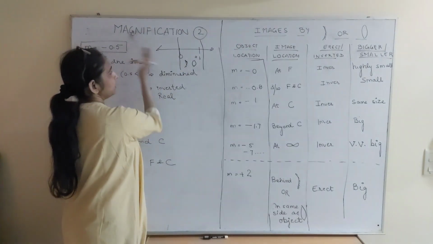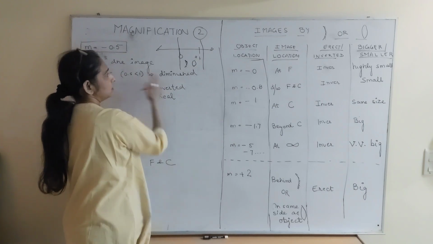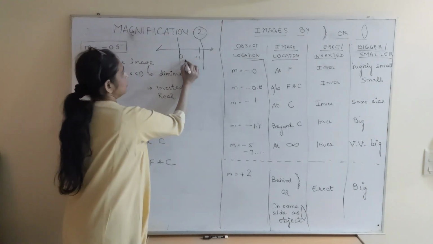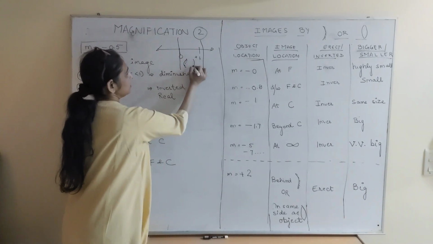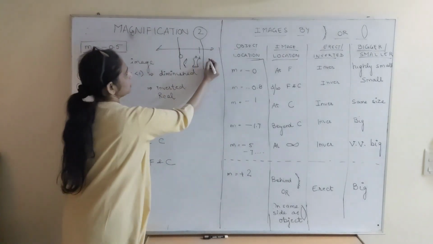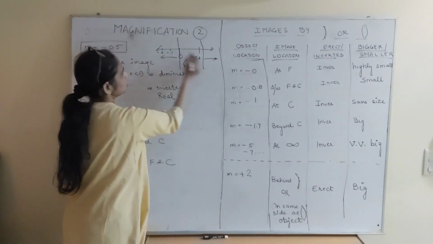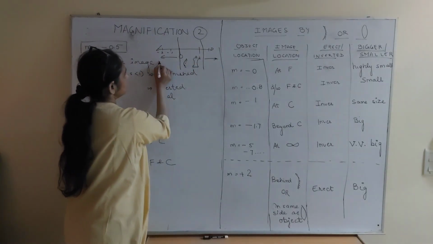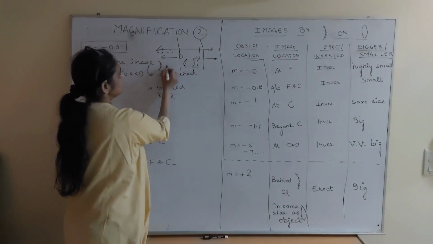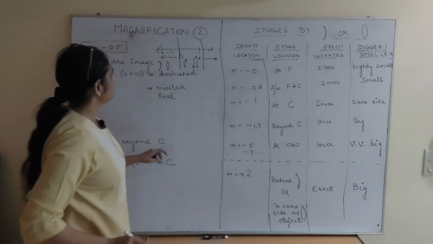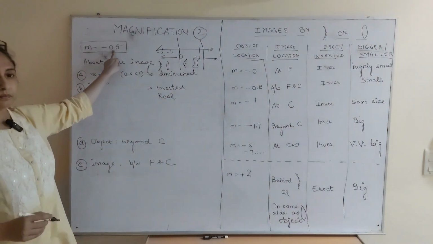But if it goes to this side of 0, like -1, -2 or 1, then the devices were this and this. Hope you recollect.